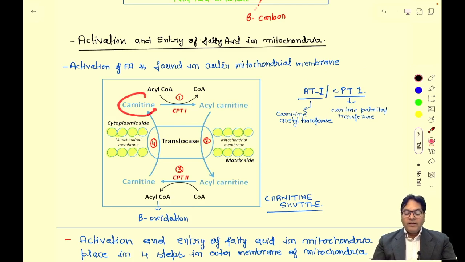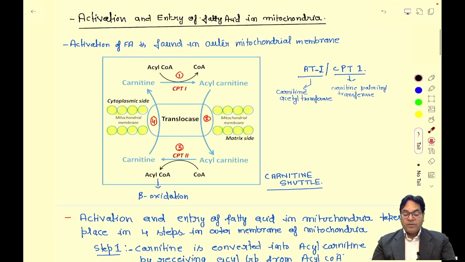So the carnitine is converted into acyl carnitine with the release of coenzyme A. This acyl carnitine readily enters into the mitochondria with the help of the translocase enzyme, and inside the mitochondria the reverse reaction occurs, which is catalyzed by CPT2. In this reverse reaction inside the mitochondrial matrix, the acyl carnitine is converted back into carnitine, and this is accompanied by the same type of enzyme, CPT, but the second one this time.